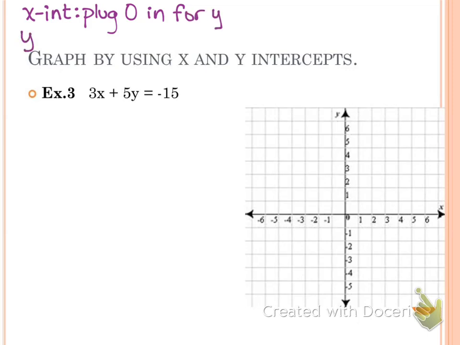If you are looking for your y-intercept, you're going to plug 0 in for x. So whichever one you're looking for, you plug 0 into the other letter.